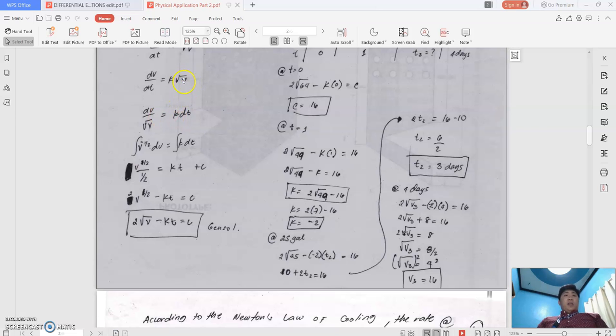From here, transpose the square root to this part. So that we could integrate, we write the square root as a power of 1/2, so dV over V raised to the power of 1/2. To use the power rule from calculus 2, we transfer it to become a multiplier of dV.